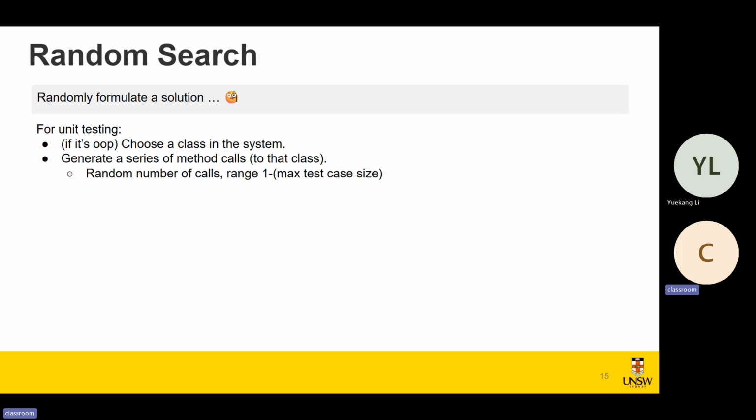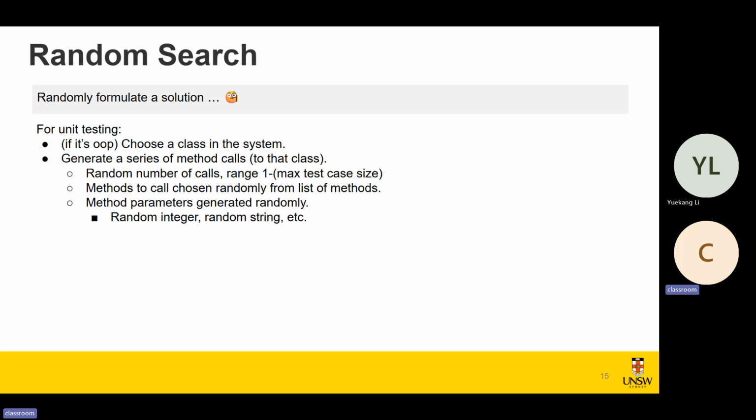We can randomly select the number of calls, select random methods to call, and then supply random parameters to the methods we have selected. So everything is fully randomized.